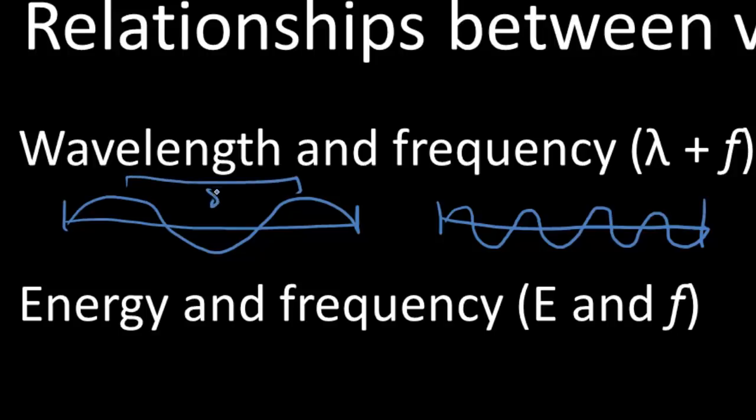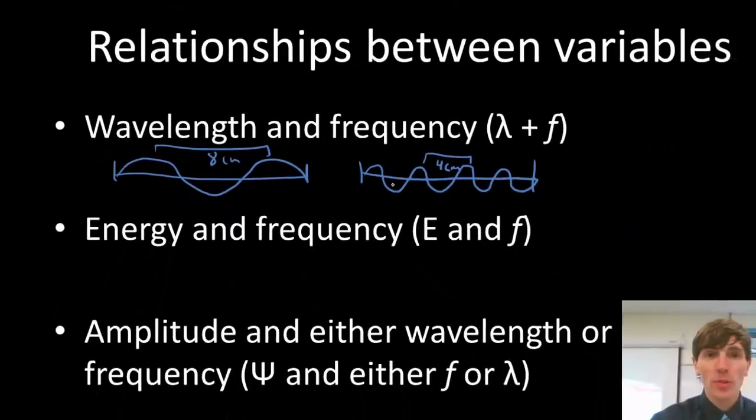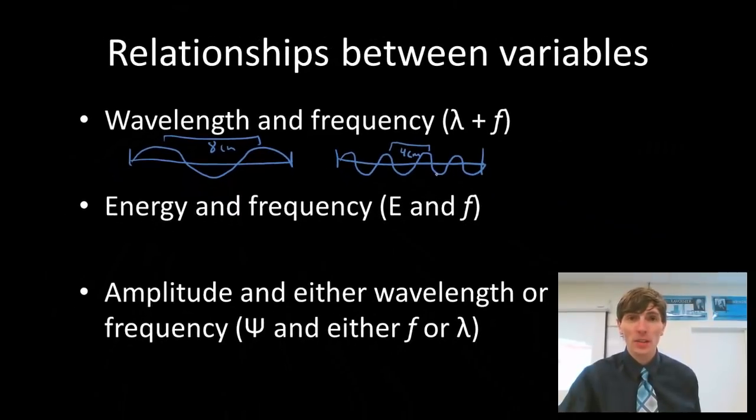So let's say it was 8 centimeters, and now it's only 4. So if the wavelength decreases, then the frequency of that wave, or the number of cycles of that wave in the same amount of time, goes up. So if this goes down, this goes up, and vice versa. If one goes down, the other goes up, they are responding inversely. Okay, so this is an inverse relationship.